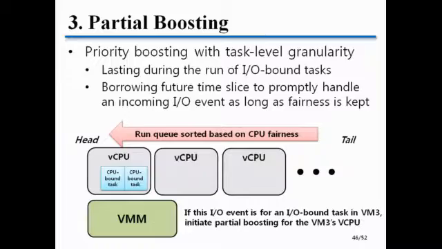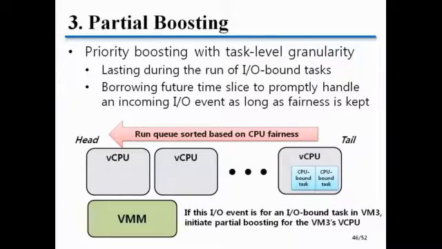At this time, the VMM can detect the switching to the CPU-bound task. The partial boosting is immediately ended, getting the vCPU back to its original place for the CPU fairness. So this is how we can improve the I/O responsiveness while preserving the CPU fairness as much as possible.